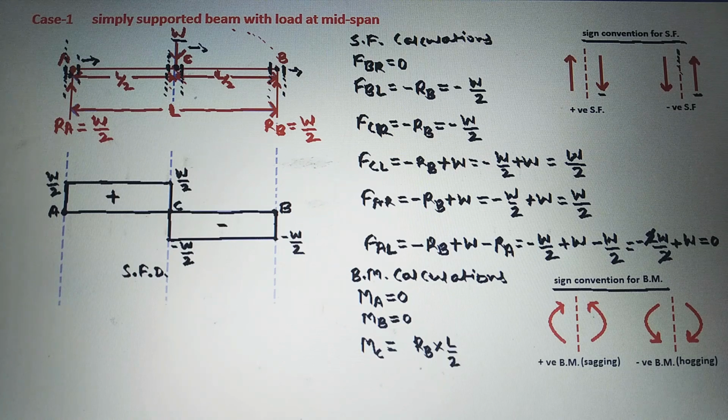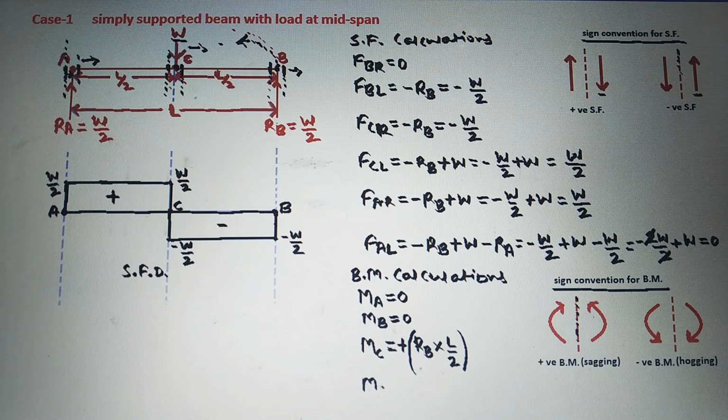On the right side of C, this RB has an anti-clockwise moment. On the right side of a section, if the moment is anti-clockwise, then the bending moment is positive. So the bending moment at C will be positive here.